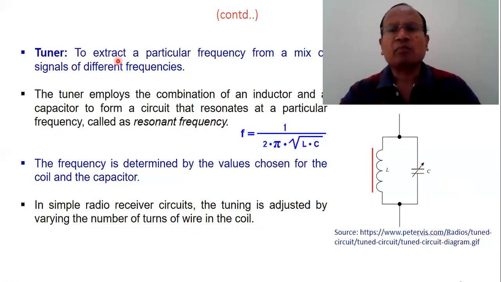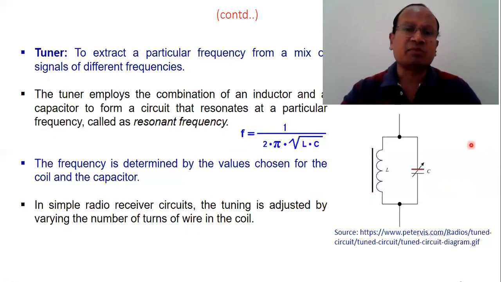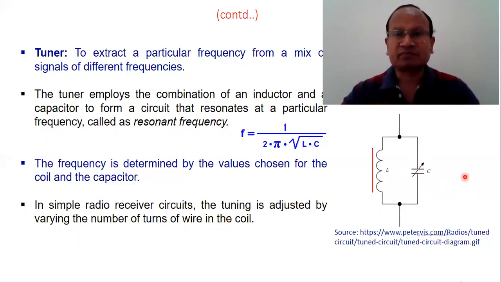There are different types of tuner. The simplest form of tuner is a tank circuit, sometimes we call it a tank circuit as well, which is a parallel combination of an inductor and a capacitor.